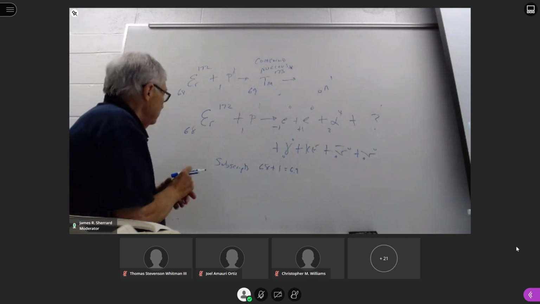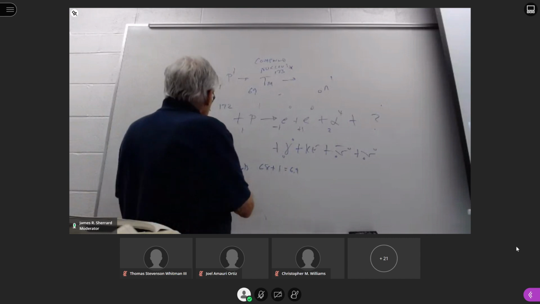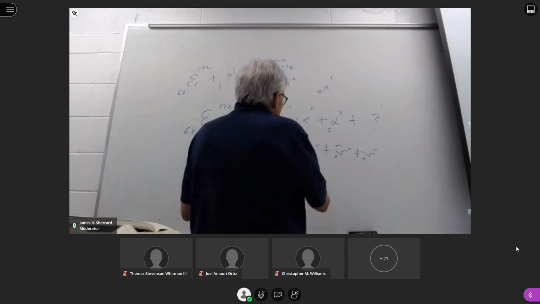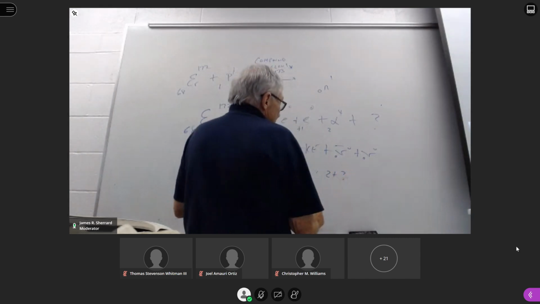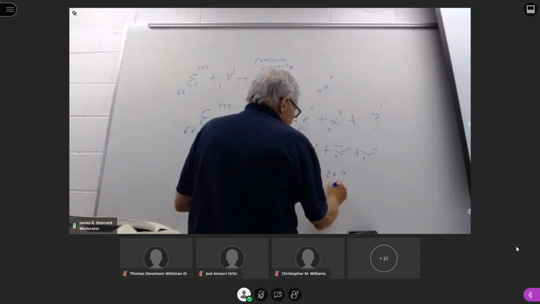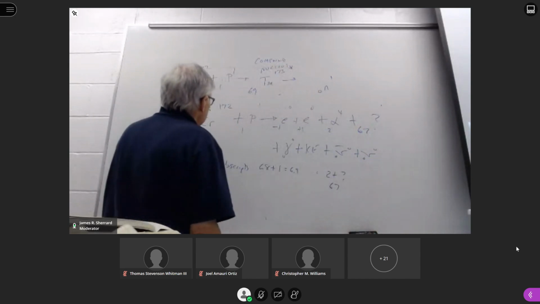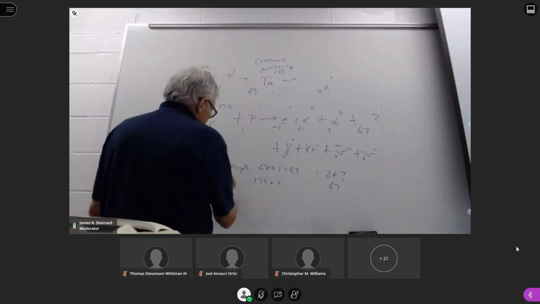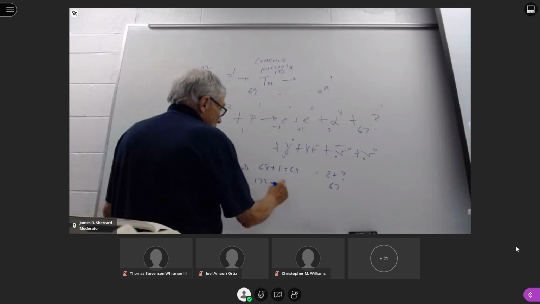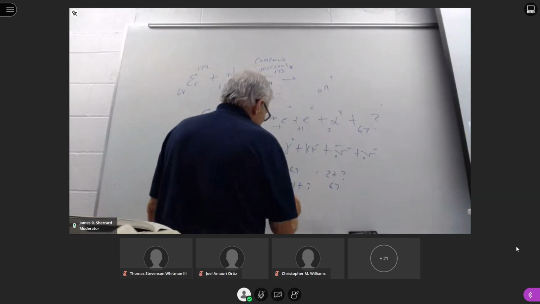So in this particular case, we said the subscripts were 68 plus 1, or 69. Then on this side, this cancels, so that had to equal 2 plus this. So this had to be 67. And then for the superscripts, we had 172 plus 1 has to equal 4 plus question mark.